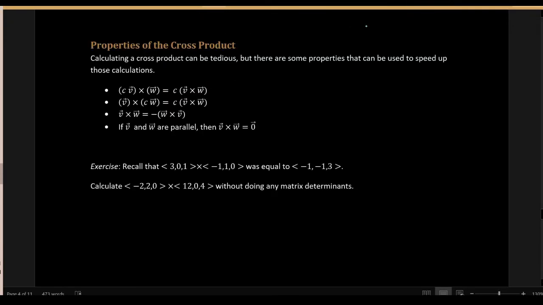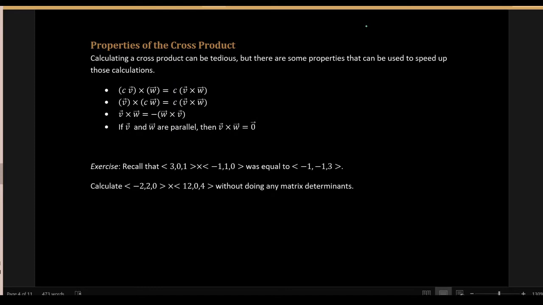Now, as you can tell, calculating the cross product is kind of a pain. It requires this huge arithmetic calculation involving all these sums and products, and it can be useful sometimes to be aware of some properties of the cross product, because that gives you a way to potentially save some time.